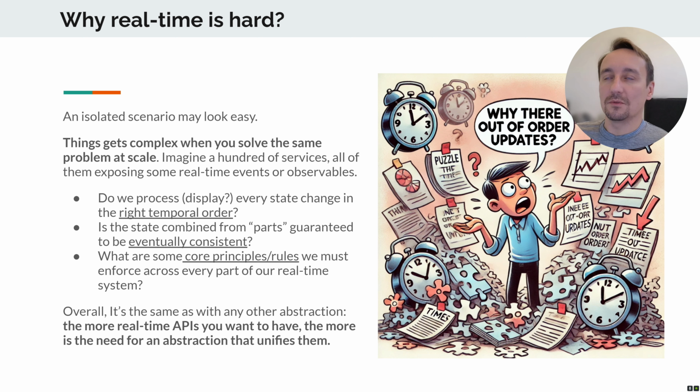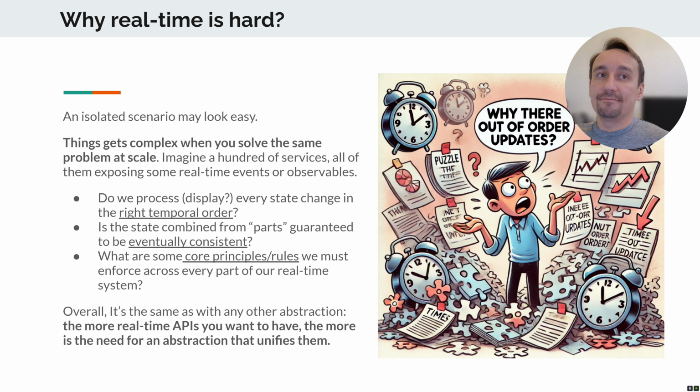For example, the one you show in the UI, and you need to make sure that the single state is eventually consistent. The changes there are displayed in the right temporal order, and so on. And that's the part which is hard to get right.